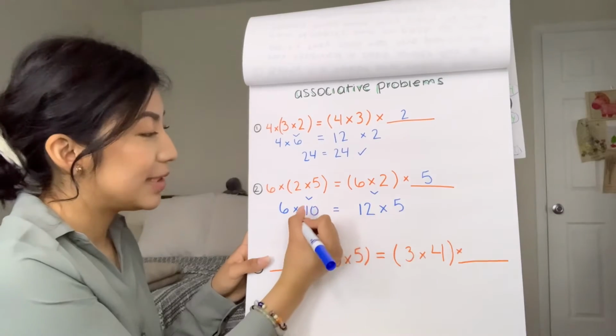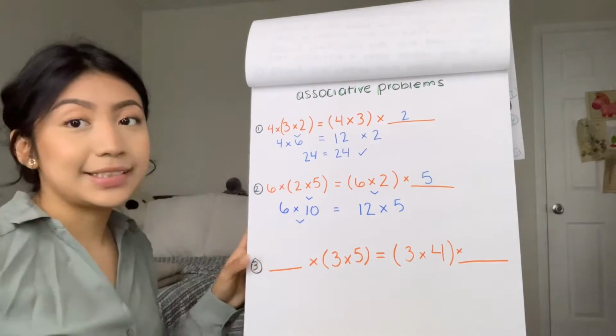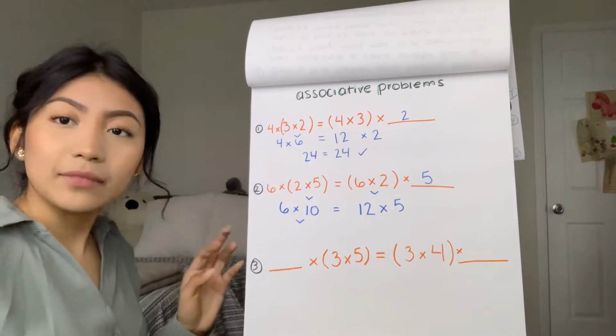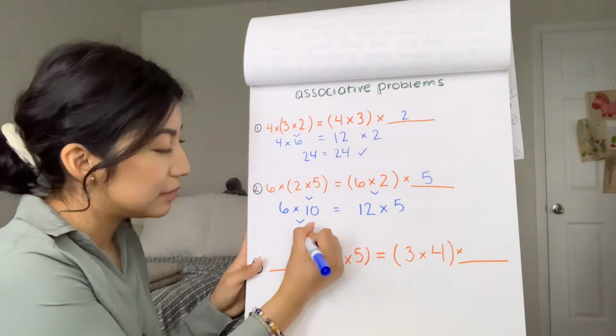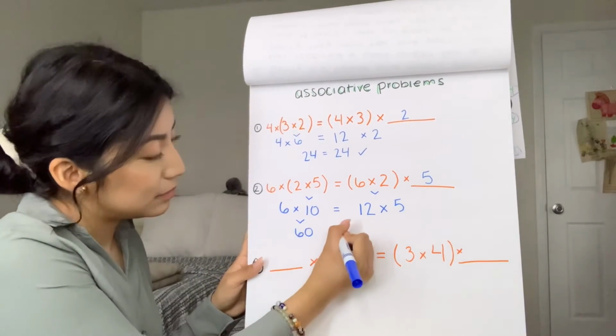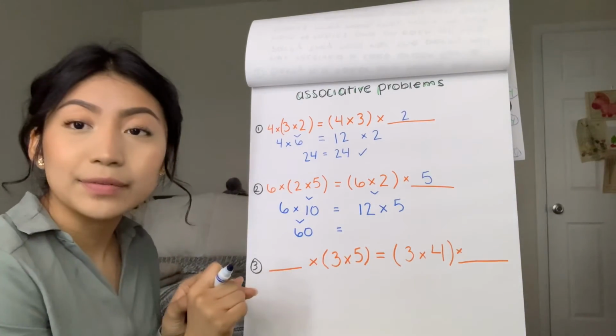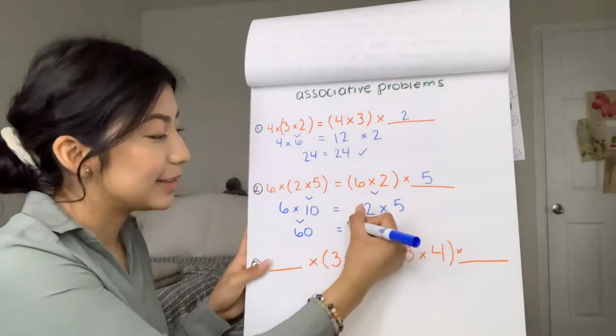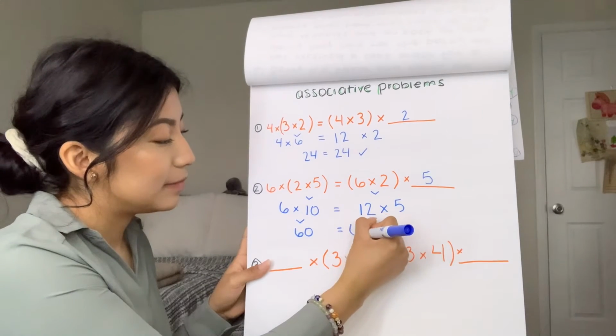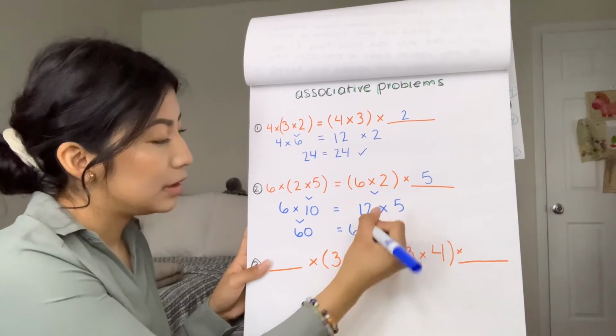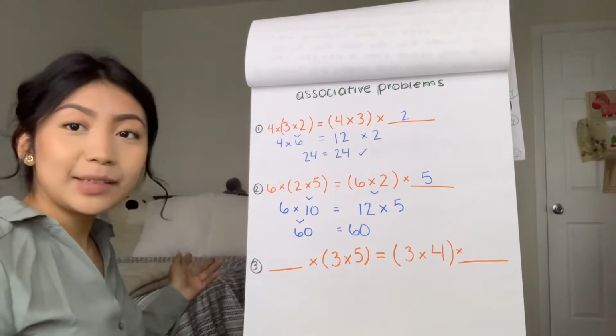All right, so what's 6 times 10? 60. All right, and what is 12 times 5? 60. Ta-da, look at that. We got the same answer again.